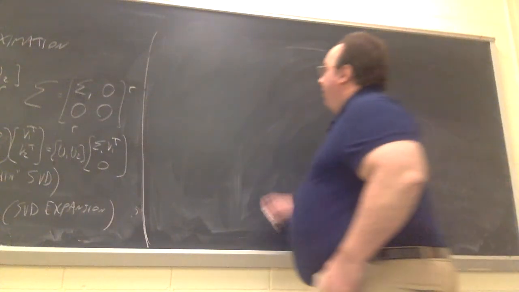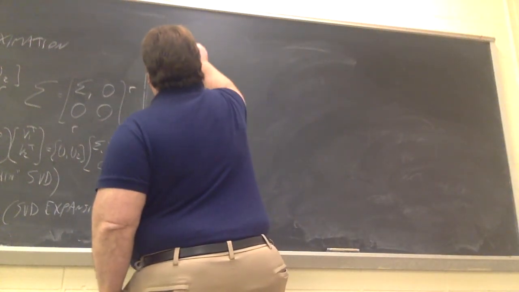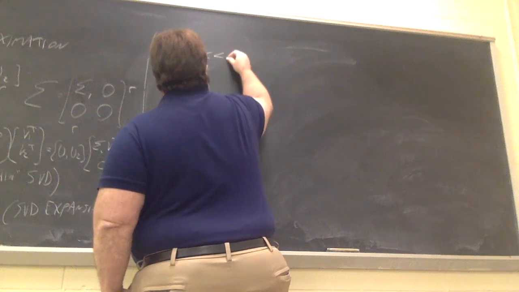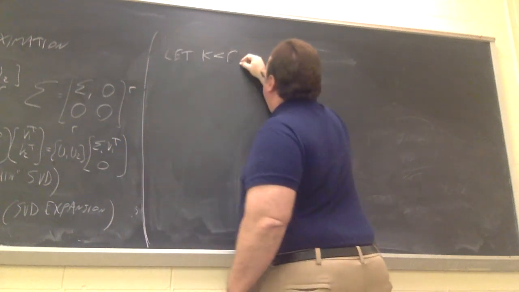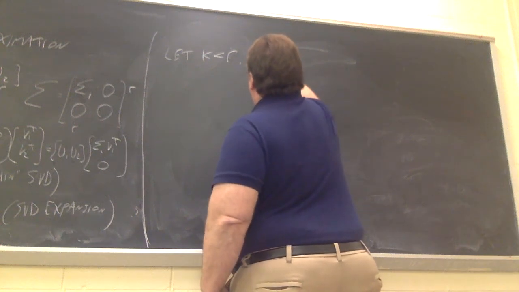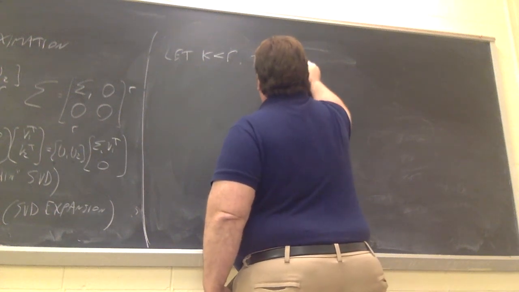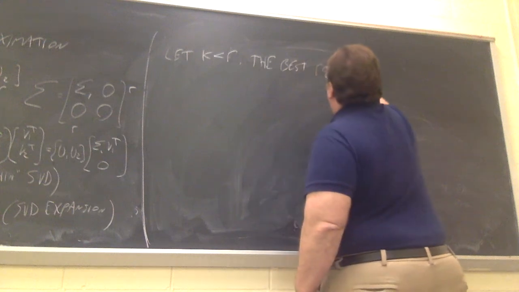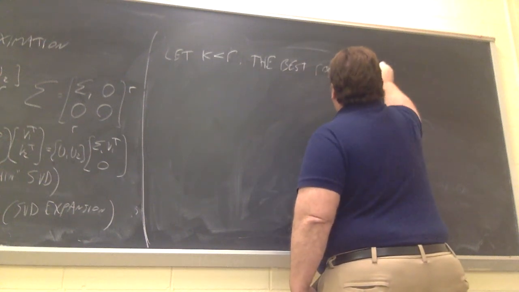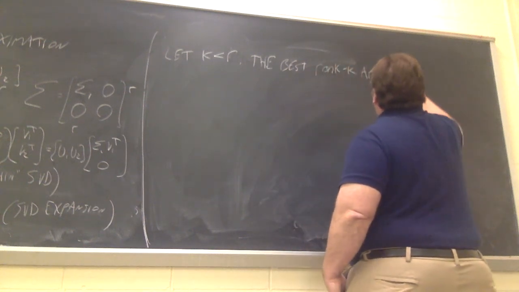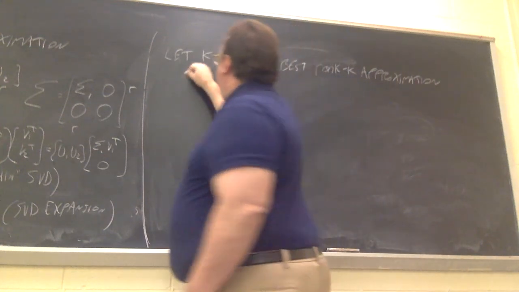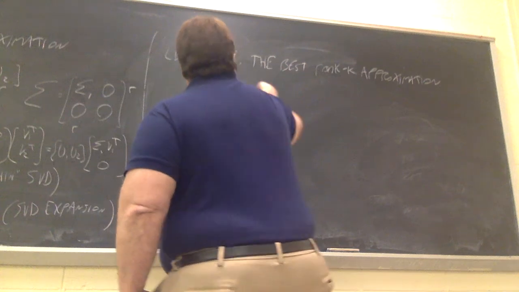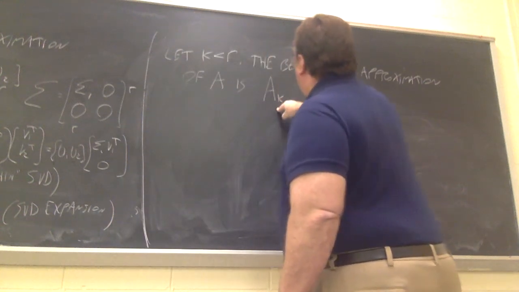So this is where I get to low rank approximation. I'm going to let k be strictly less than r. Otherwise, there wouldn't be much point. So the best rank k approximation of A is a matrix I'll call A sub k.